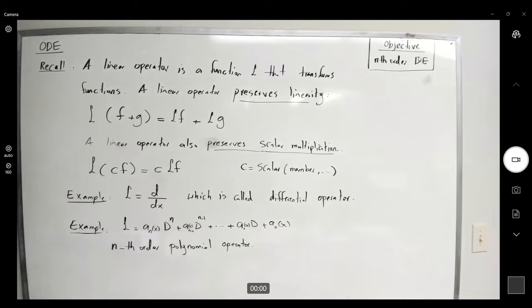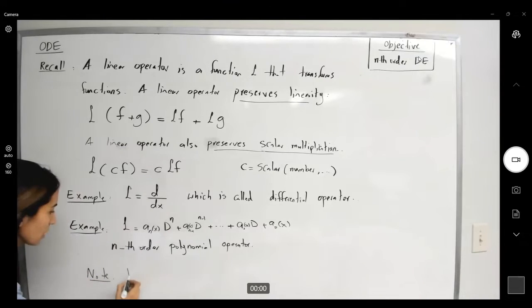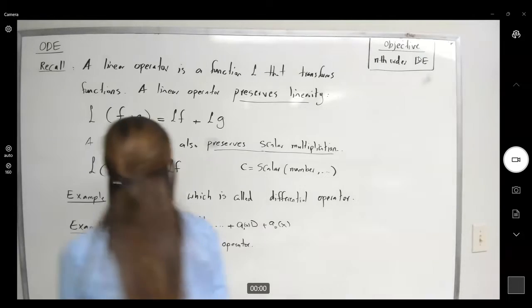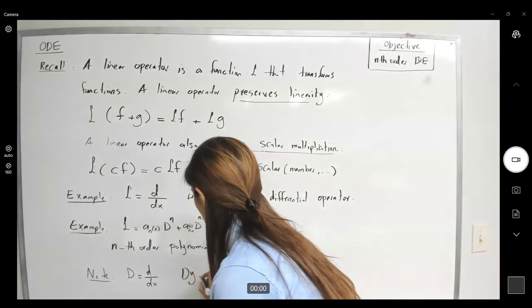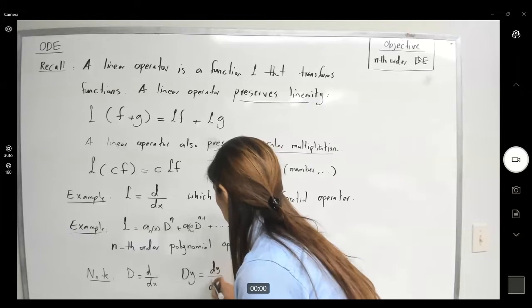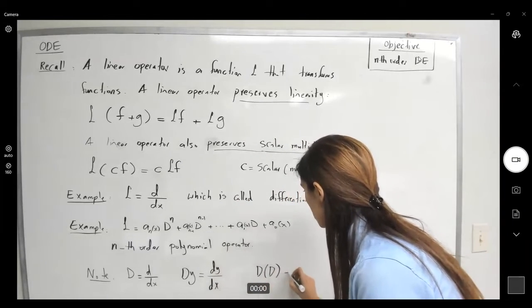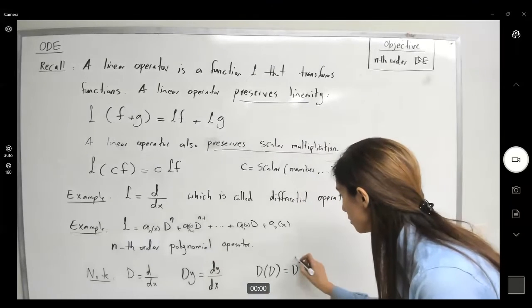Very well. Another note for us. We know that D is the differential with respect to x. So Dy is the differential of y with respect to x. Remember that D of D is D squared.